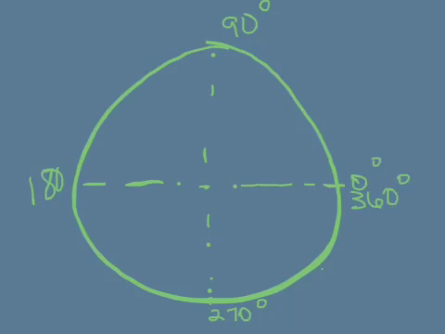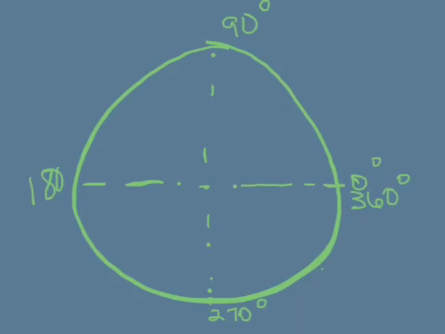All right. Anything from here to here, all in this area, is 90 degrees.